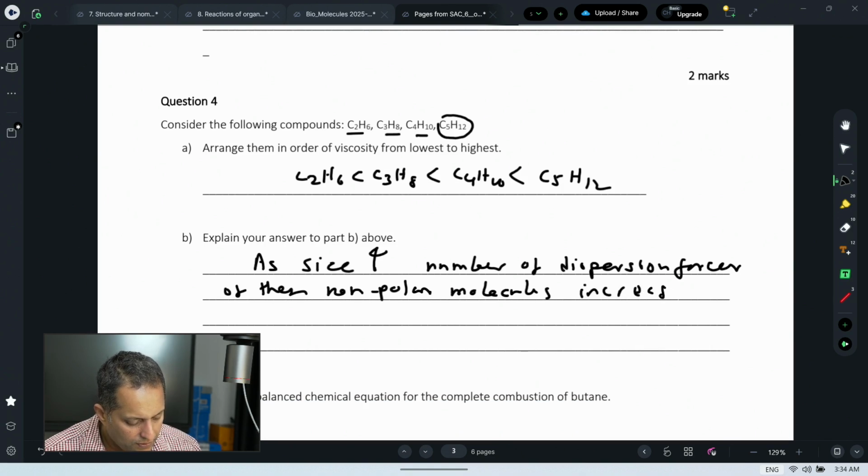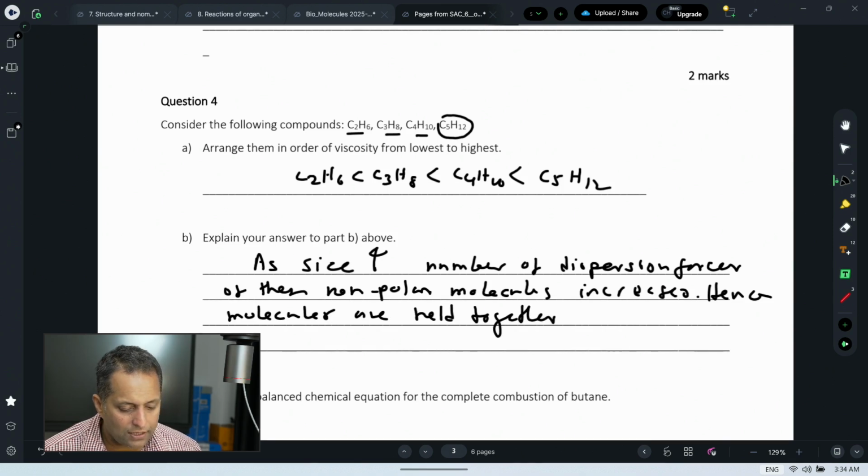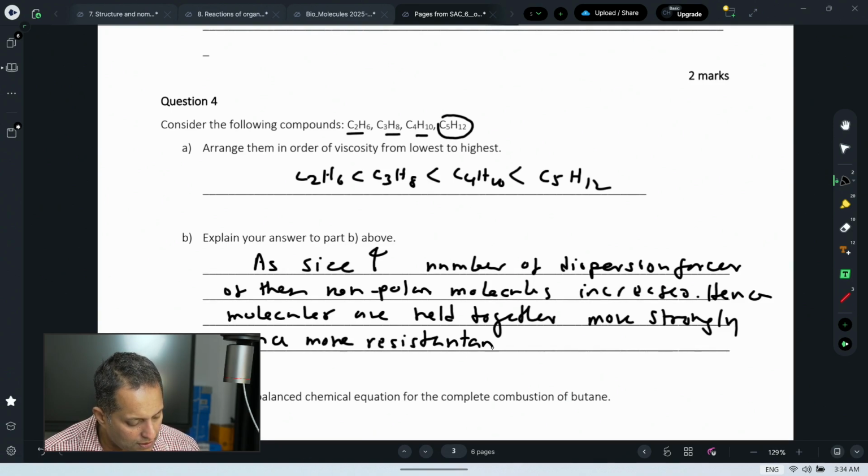Hence, you need to say that molecules are held together more strongly, and hence they show more resistance to flow. All right, done and dusted.